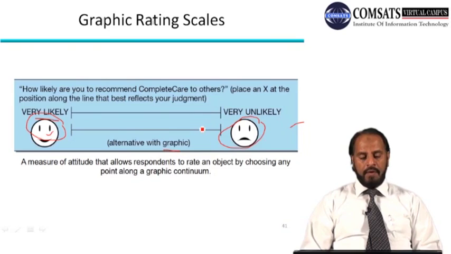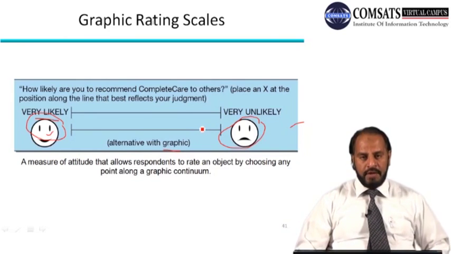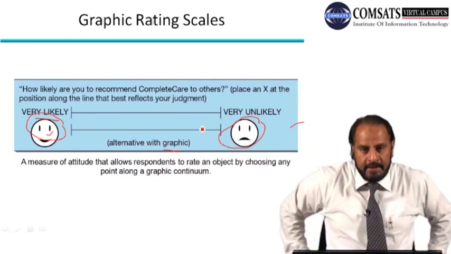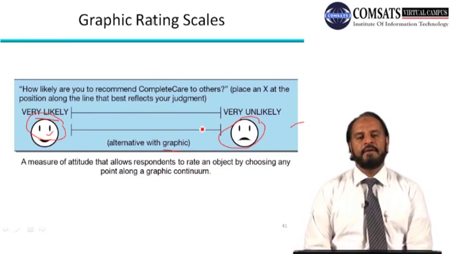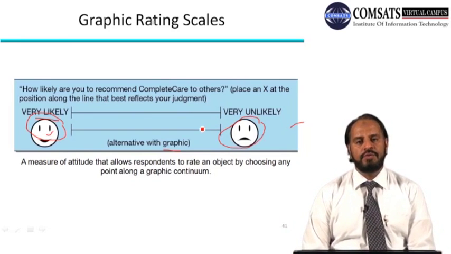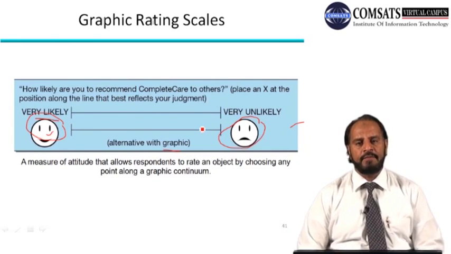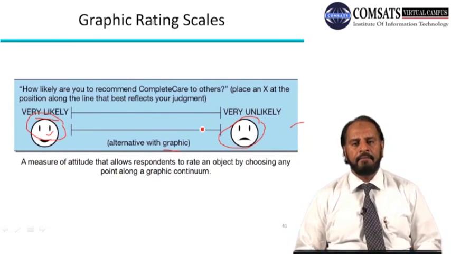Okay, so what we have talked about today so far is basically the different scales which you can use to measure the variables we have. Some variables are easier to measure and sometimes they are difficult to measure.